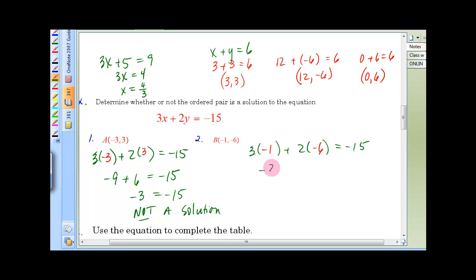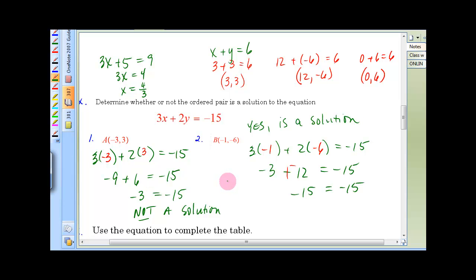So I get negative 3 minus 12 is equal to negative 15. Yes, negative 15 is equal to negative 15. So what that says is that the ordered pair negative 1, negative 6 is a solution to my equation 3x plus 2y is equal to negative 15.